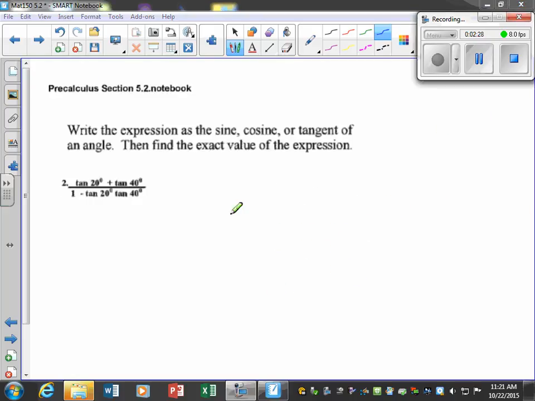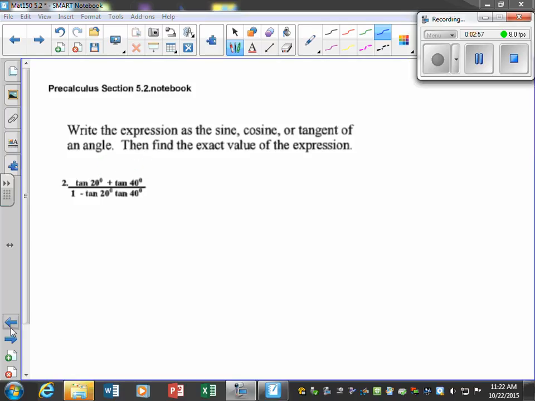Okay, write the expression as the sine, cosine, or tangent of an angle, then find the exact value. Let's go to our formula sheet. This is hard to read, but it's tangent of 20 plus tangent of 40 degrees divided by 1 minus tangent of 20 degrees times tangent of 40 degrees. On the top we have tangent 20 plus tangent 40.